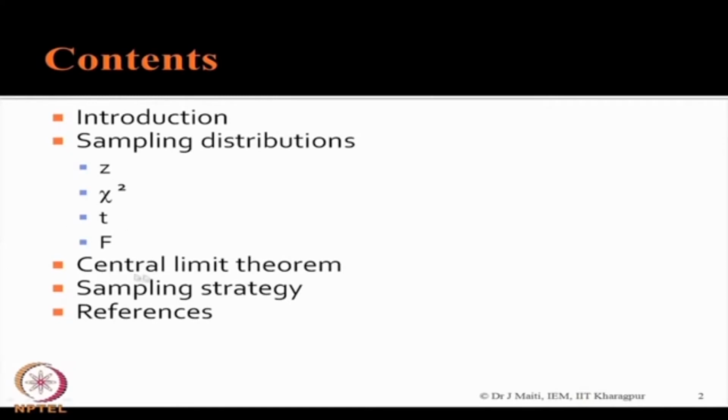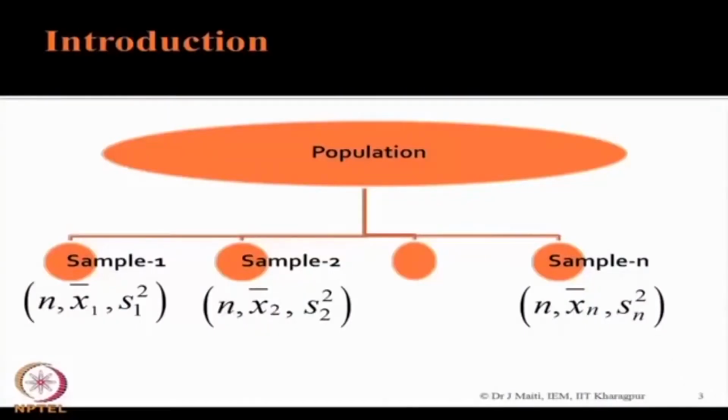Then we will discuss the central limit theorem, and finally sampling strategy, because how you collect the data depends on the strategy you adopt. If the data collection process is wrong or faulty, the analysis will not give you a good result.